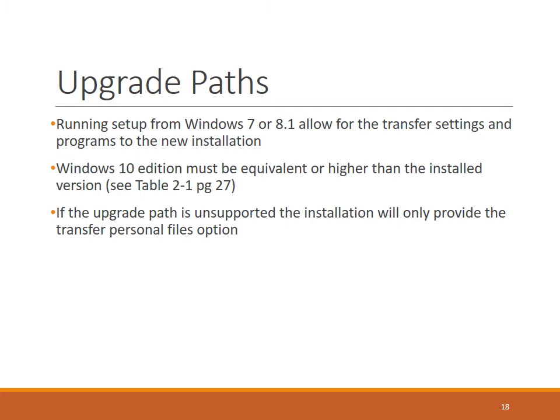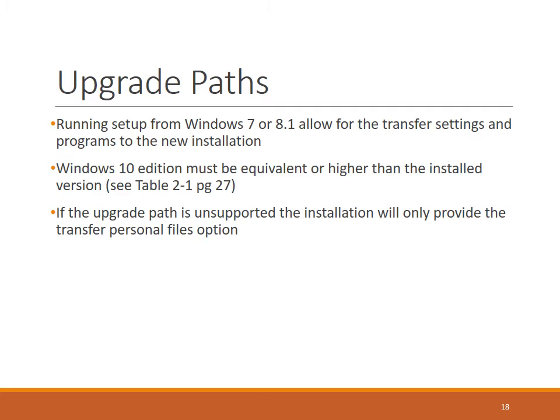So other things to keep in mind here, the Windows 10 edition must be equivalent or higher than the installed version. See table 2-1, that's page 27 of your textbook. When we say higher, there are different versions of Windows 10 that are available. So for instance, we have Windows 10 Home and Windows 10 Professional.